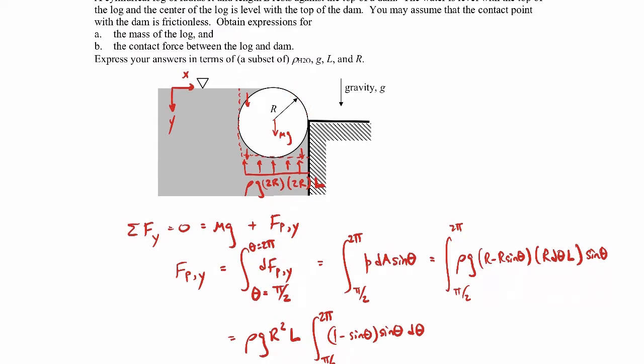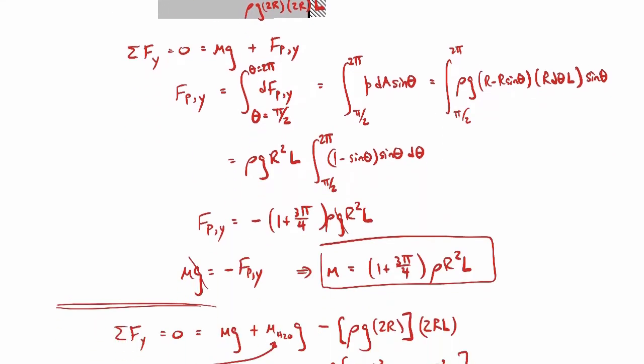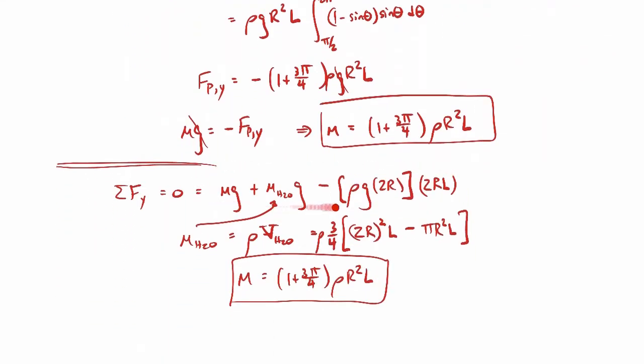We balanced those two weights with the pressure force acting on the bottom. The pressure was rho g times 2r, because that's the depth from the free surface, multiplied by 2r times L, because that's the area over which that pressure is acting. So that's what this whole expression is, and you'll get the same result as before.